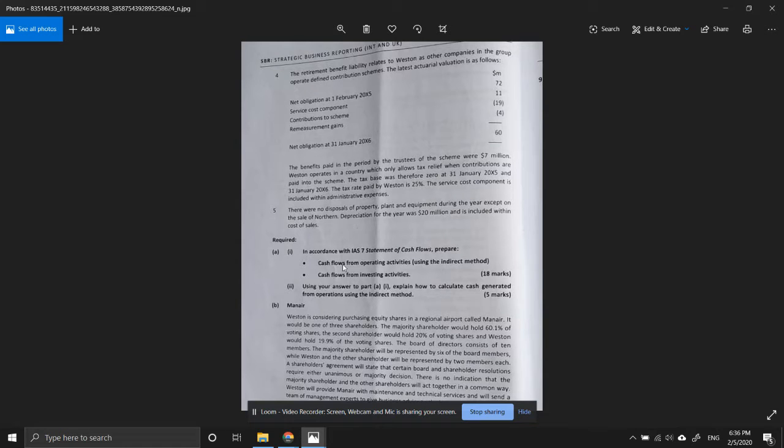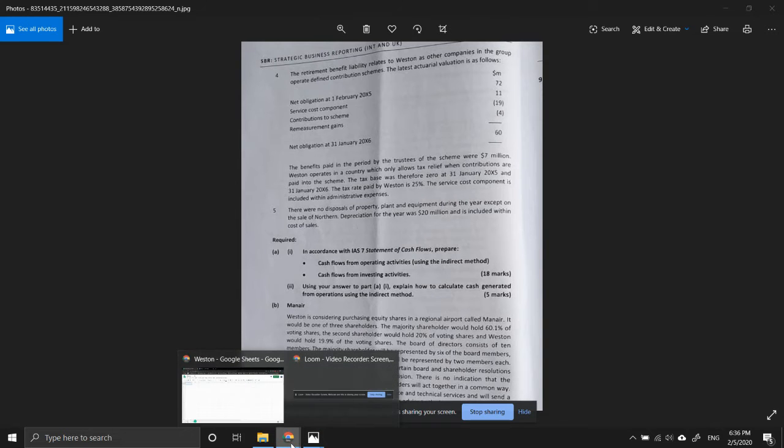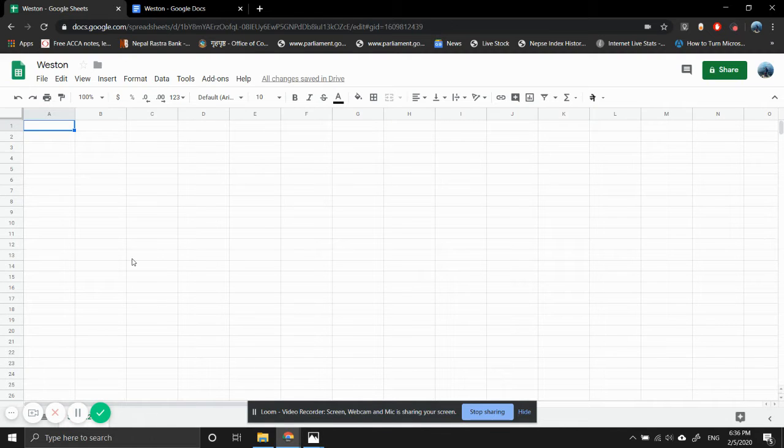So we are required to prepare the operating activities and investing activities cash flow.